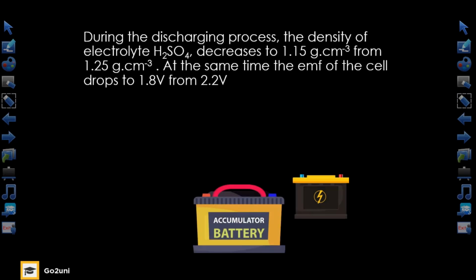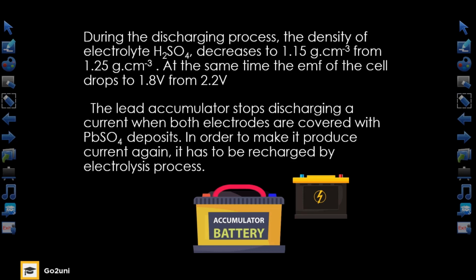to about 1.15 gram per cm cube, while the EMF of the cell also decreases to about 1.8 volts from 2.2 volts. As a lead acid accumulator works, it comes to a point where it stops discharging when all its inbuilt energy is exhausted.